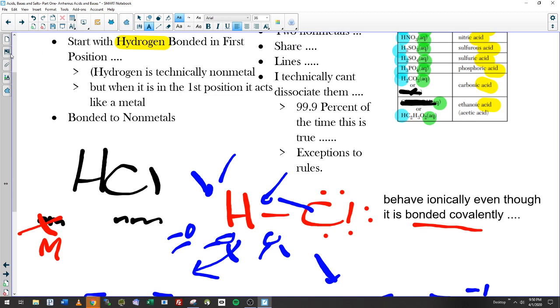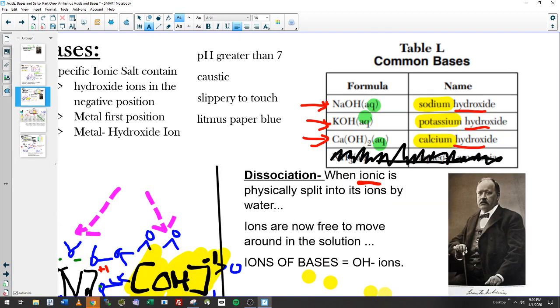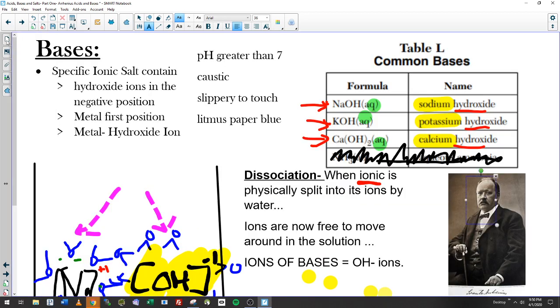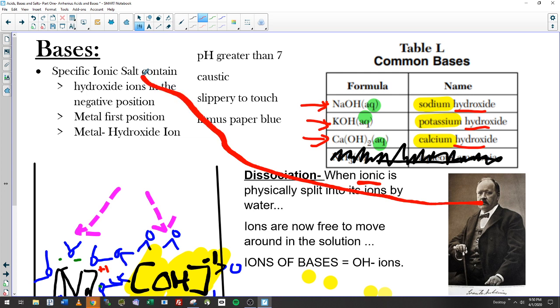Final thing I'm going to throw down with here is Arrhenius comes along, and according to Arrhenius, this guy right here, a base has to be ionically bonded with hydroxide ions. That's a thought bubble.